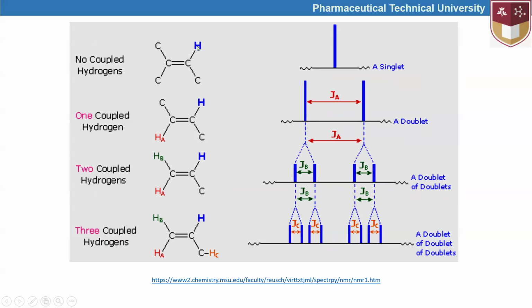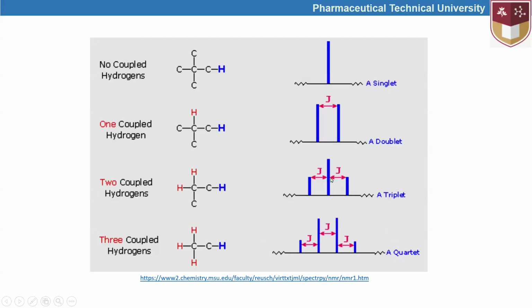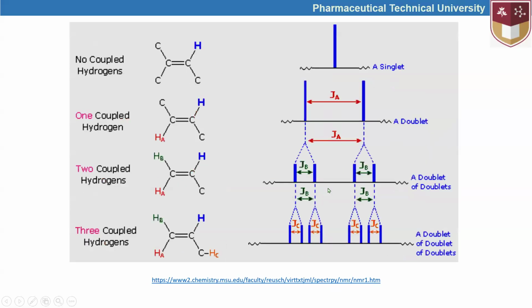Okay, and here we can see a singlet hydrogen here, and this is a doublet with longer distance. Here the distance is not that far. Here the distance is far because among them there is a double bond.